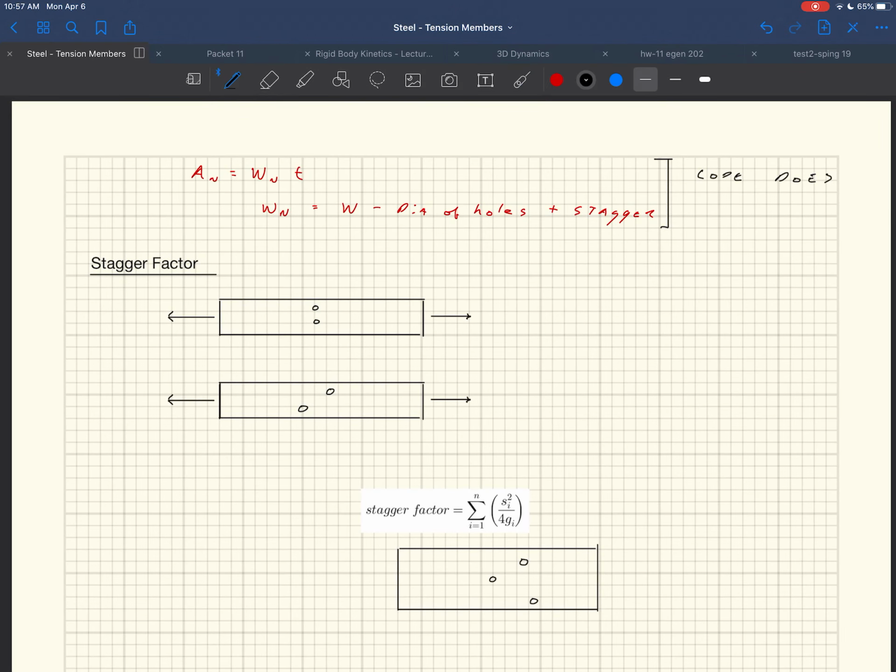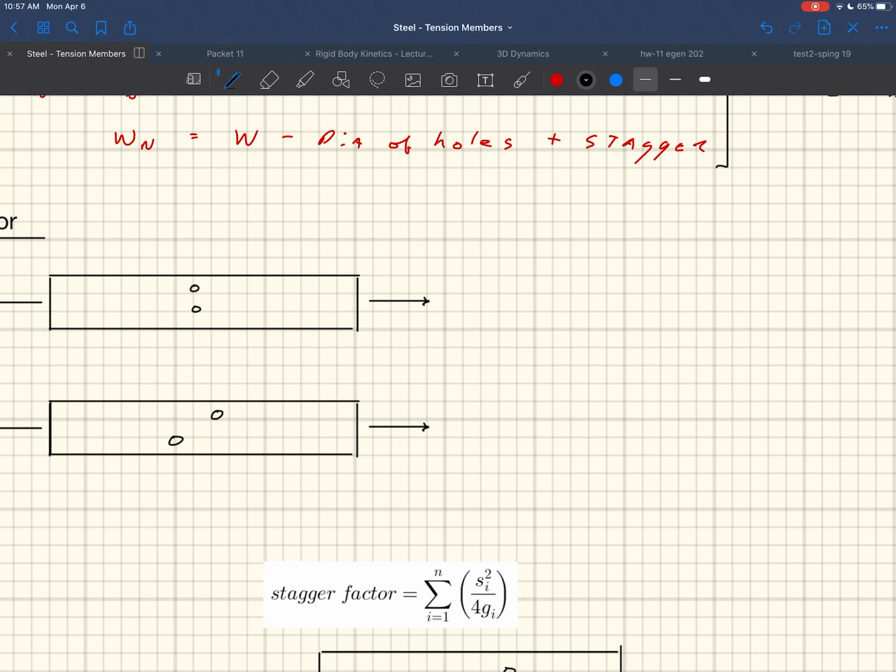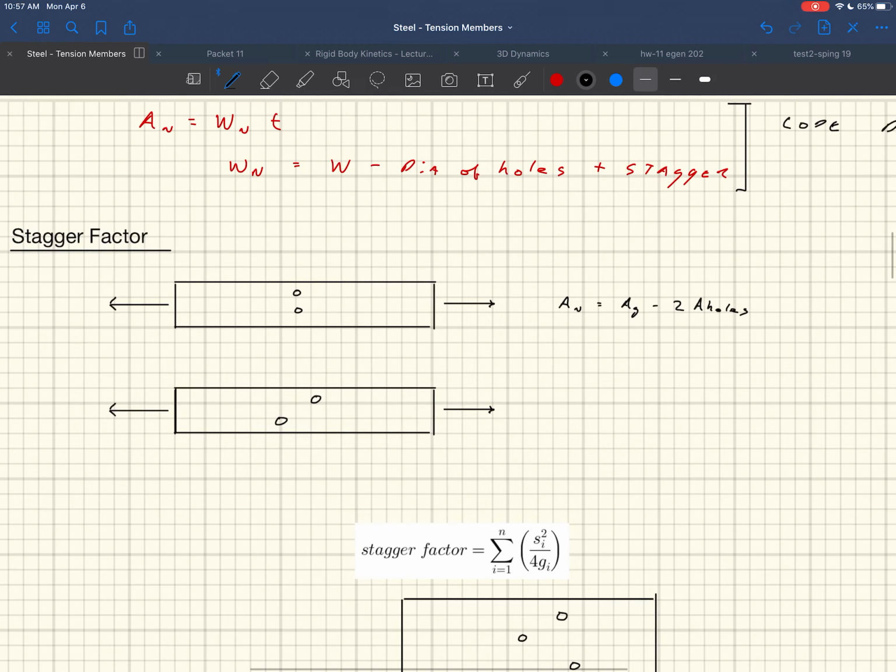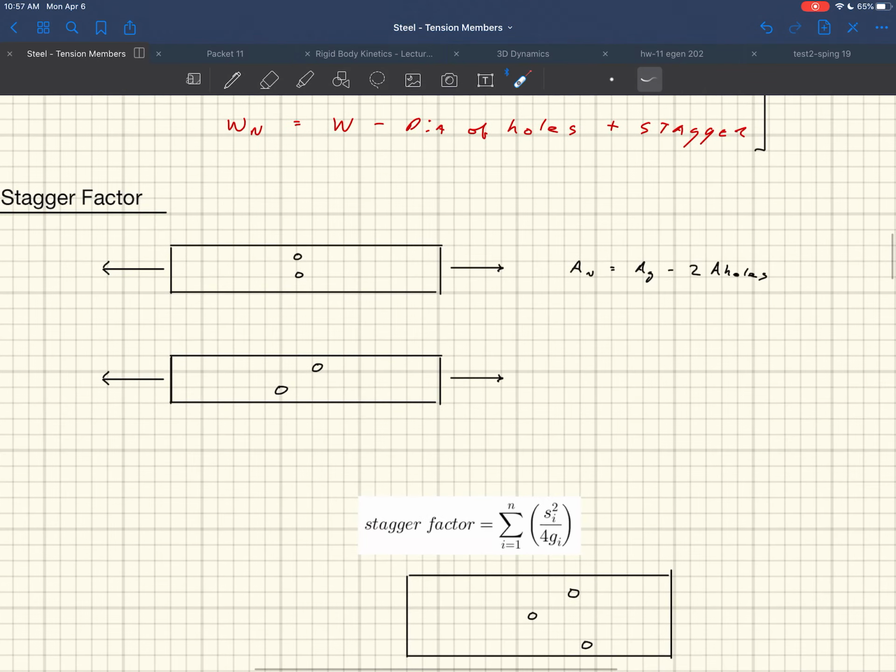So in this particular case, AN, the net area, is going to be AG, the gross area, minus 2 A hole, because I have 2 holes in there. So the effective net area is what I have shown in red right there. It's just the gross area minus the area of 2 holes, and that's the cross section. That's looking this way at what the area of those holes are, like we talked about above. So that's what your net area is.